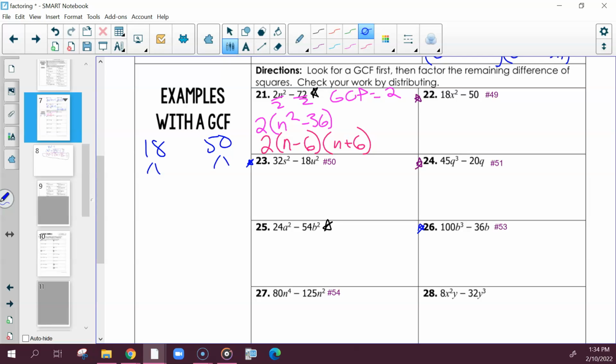What are some factors of 18? 1 and 18. 2 and 9. What about for 50? 1 and 50. 2 and 25. 5 and 10.